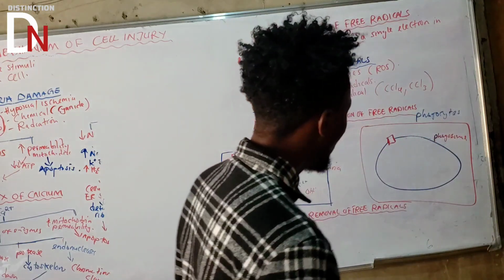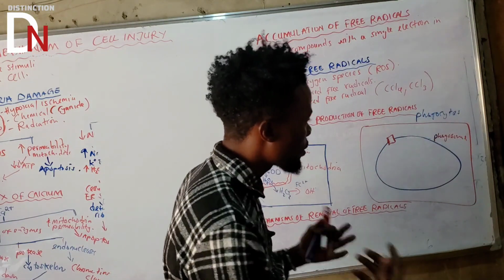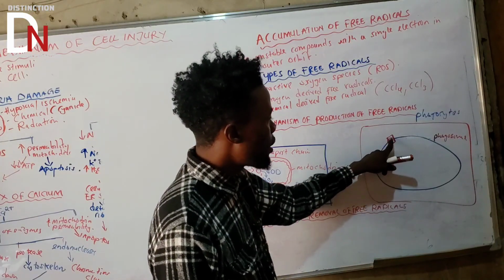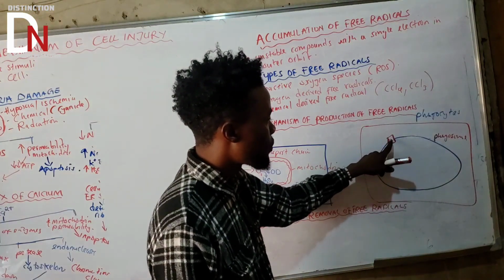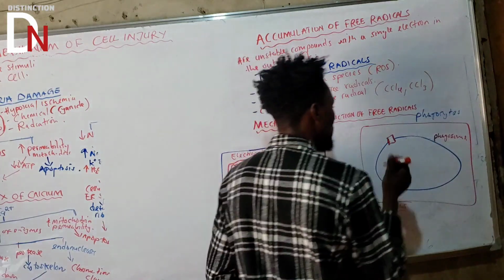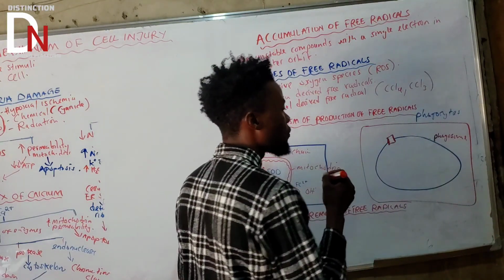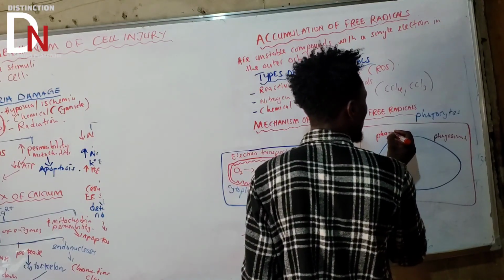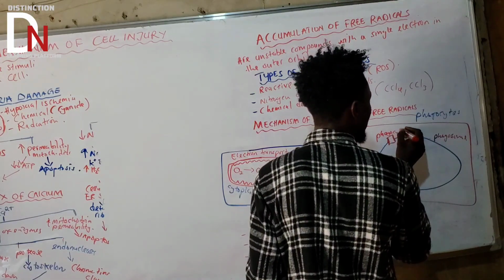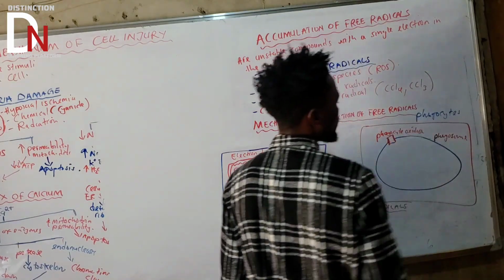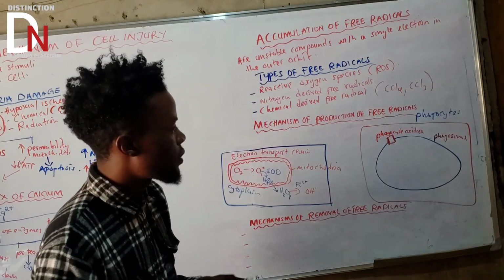Okay, so this is a phagosome or phagolysosome basically. There's a very, very important enzyme here, which is just waiting for something to happen. Okay, what is that? This is what we call phagocyte oxidase.